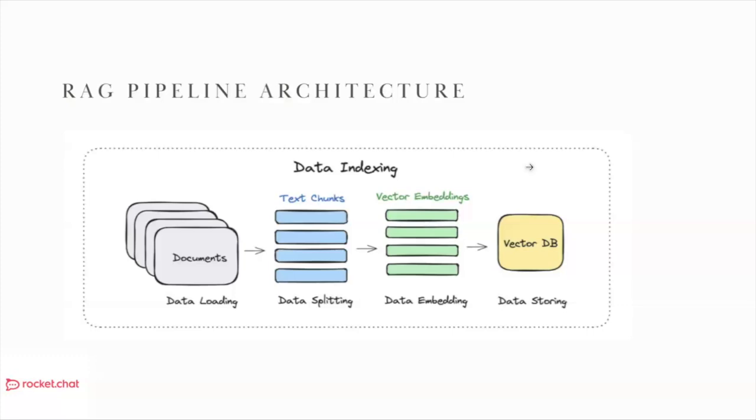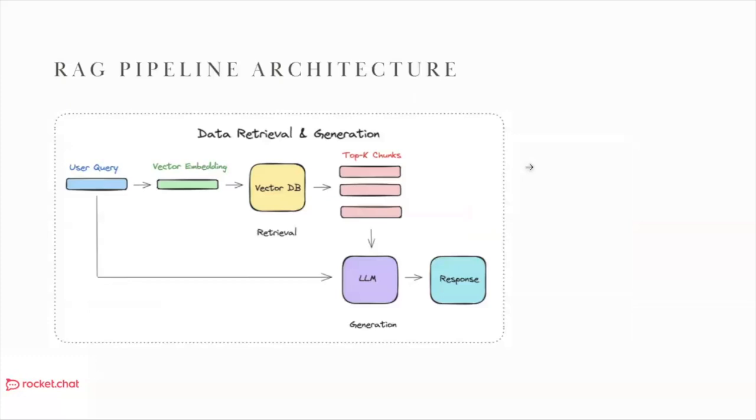It then goes through an embedding engine, which transforms the query into vectors. The vector represents the meaning of the text in a way that the machine can understand.